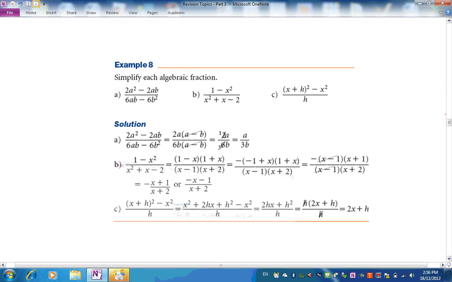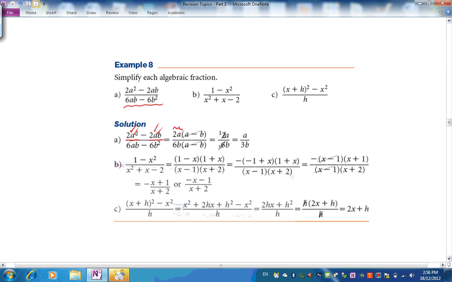Well, to simplify these algebraic fractions, what we're going to do is to try to take out a common factor out of the top and bottom line. So when we look at this term, 2a squared and 2ab, we see they both have a 2 and they both have at least one a. So the common factor is 2a.